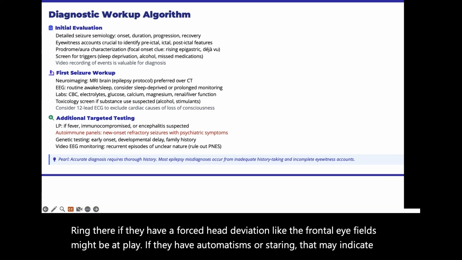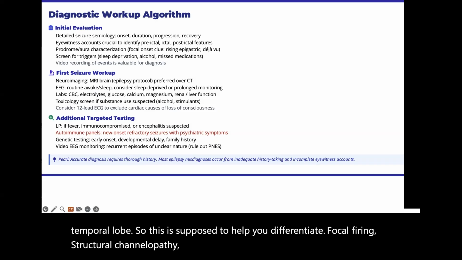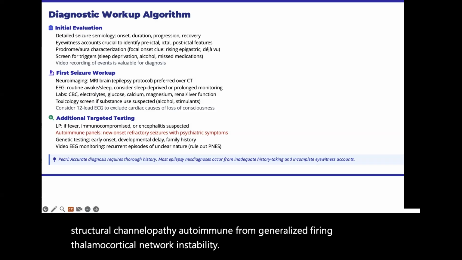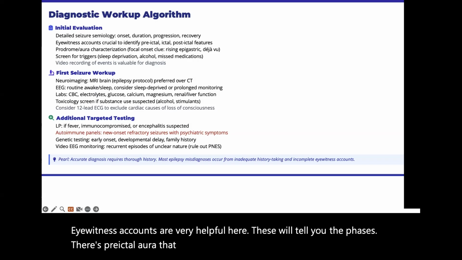So this is supposed to help you differentiate focal firing, structural, channelopathy, autoimmune, from generalized firing, thalamocortical network instability. Eyewitness accounts are very helpful here. These will tell you the phases. There's pre-ictal aura. That means focal cortical firing before synchronization.